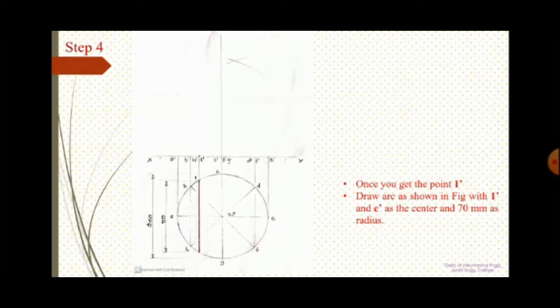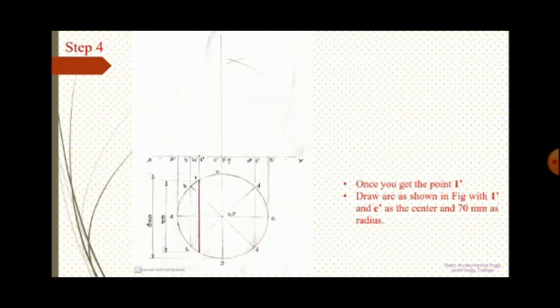Now it is given in the question that the height of the parabola is 70 mm. So what you have to do is, fixing the point 1 dash, you draw an arc of radius 70 mm with 1 dash as the center, similarly E dash as the center. I will repeat the step.